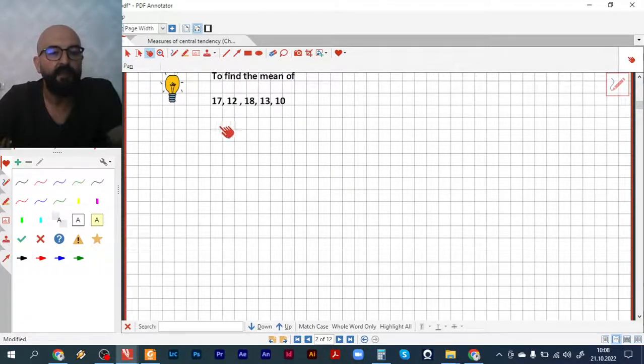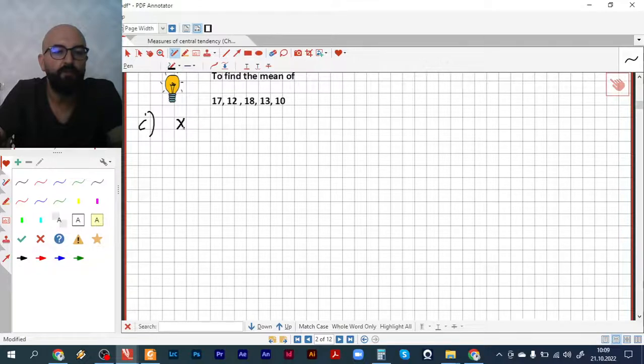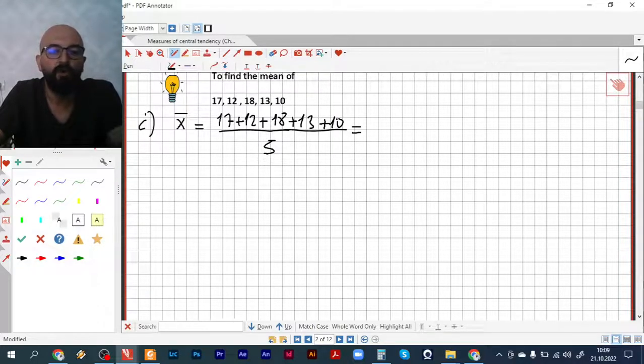For example, we have 5 data, and we want to compute the mean, and you can also use this formula for finding the mean: 17 plus 12 plus 18 plus 13 plus 10 over 5, and 70 over 5 becomes 14.